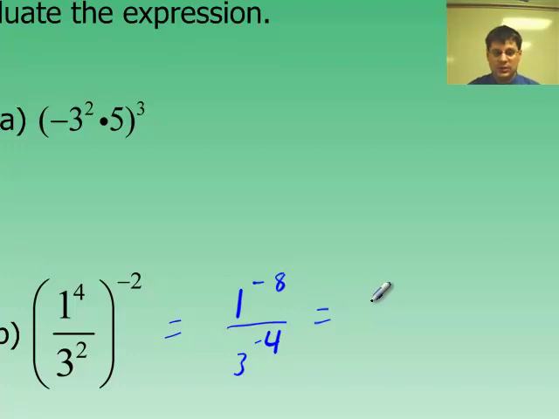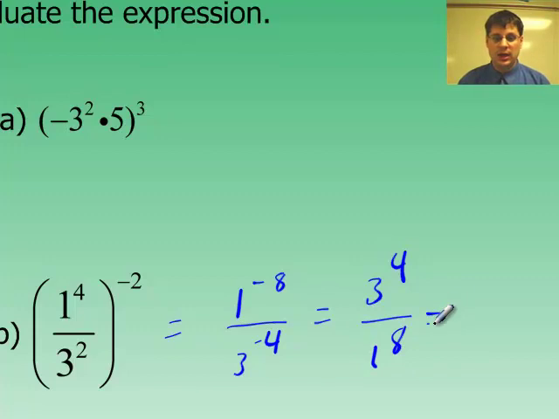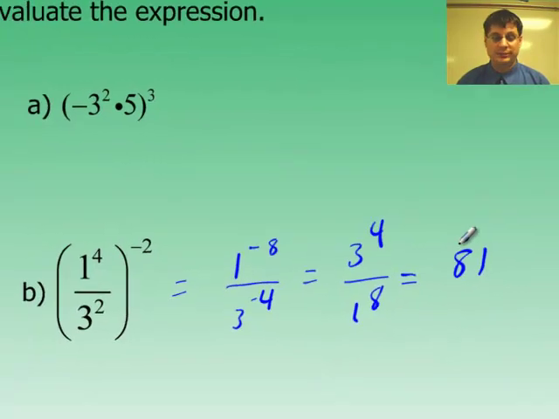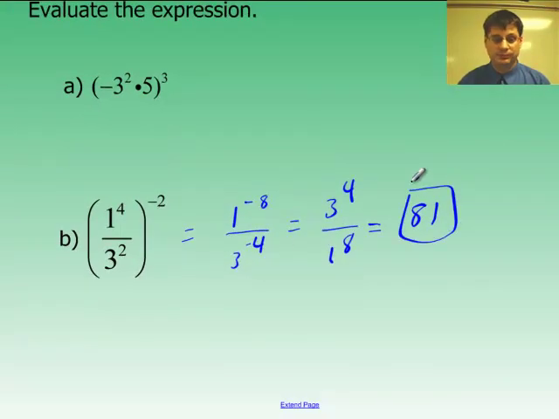Because of the negative exponents, they flip sides, so the denominator goes into the numerator, and the numerator goes into the denominator. And 3 to the 4th is 81, and 1 to the 8th power is just 1, so it gives me 81. All right, so different method, same answer.